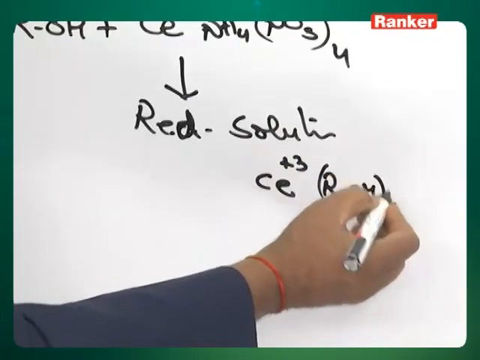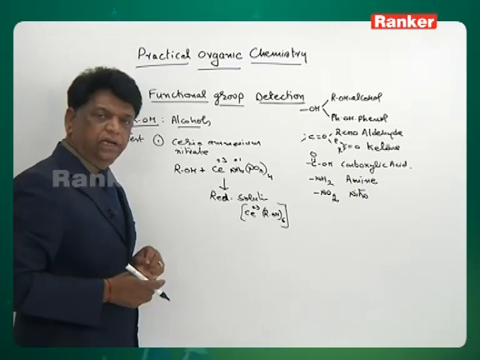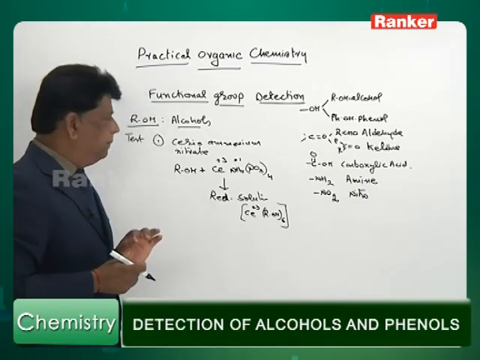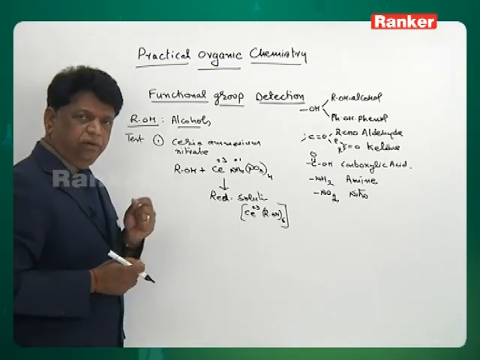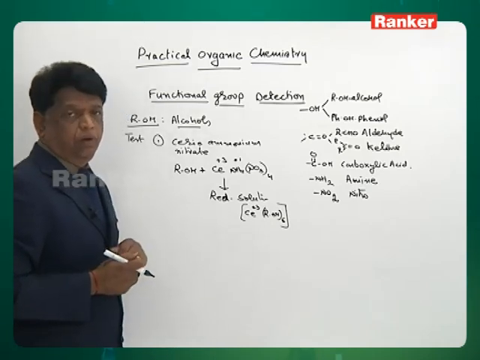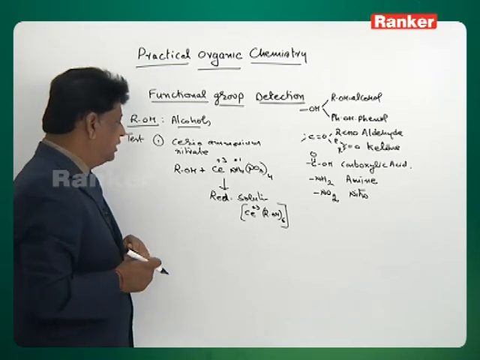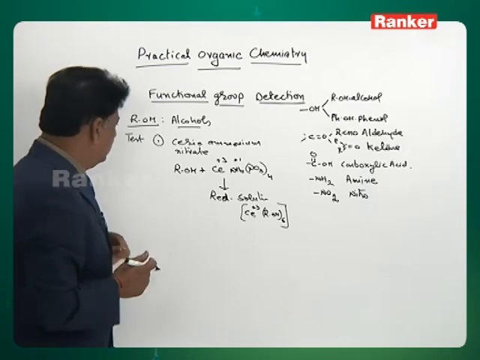The reaction is a complexation reaction, and this complex has the red coloration. So this is the one test for the alcohols. The same test if you do for the phenols will fail. In fact, phenols with neutral ferric chloride give a violet or some brilliant colors. This is the unique test for the alcohols.